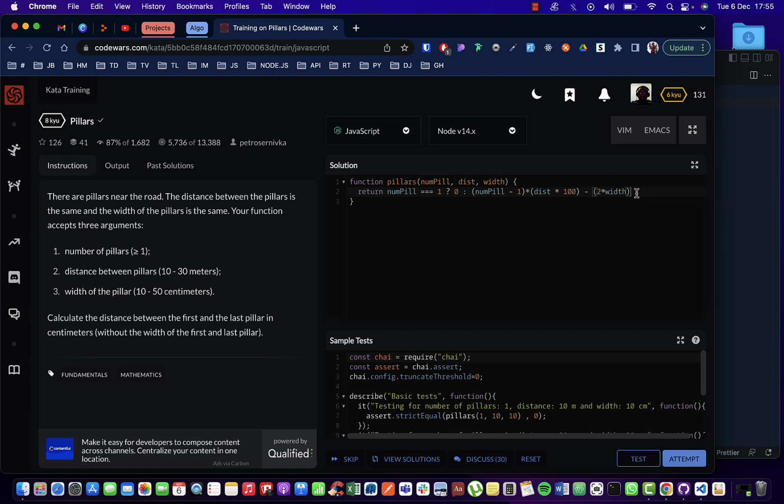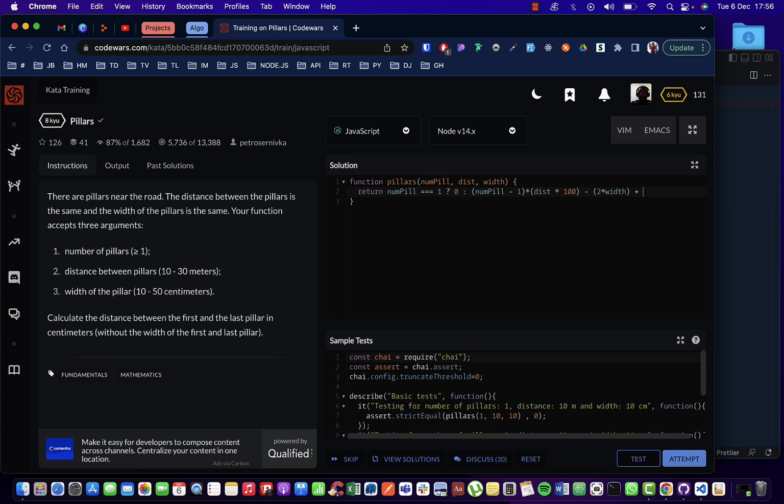But if we stop here, we're going to have a problem, because we need to also consider when we are going to have 3 or more pillars. So if we have 3 pillars, it means we need to still add the width of the pillar in the middle, because the instruction said only the first and the last pillar width should be removed from the total sum. So we have to now add the number of pillars that we are going to be expecting.